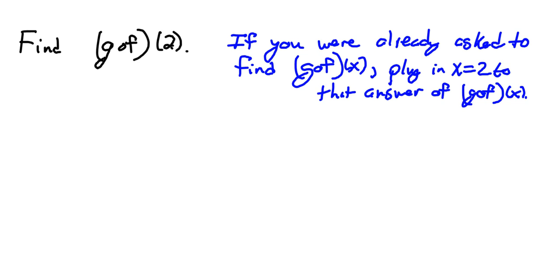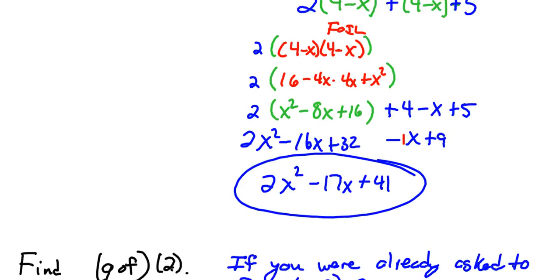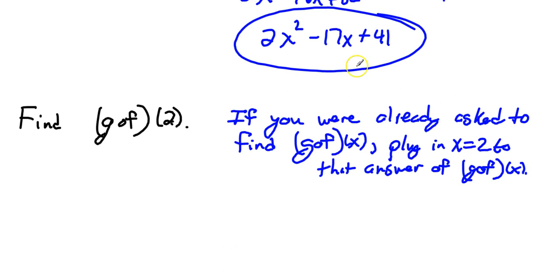So this is one of those questions where what they ask you to do first can make the work easier, depending on how they ask you the question, I guess is what it comes down to. So back up here, what was g of f of x? That was the one we just did, right? That was this thing. This was 2x squared minus 17x plus 41.